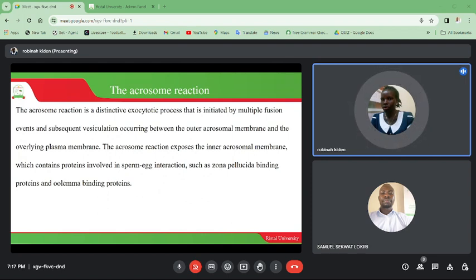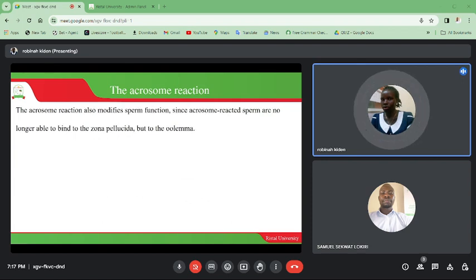The acrosome reaction exposes the inner acrosomal membrane, which contains proteins involved in the sperm-egg interaction, such as the zona pellucida binding proteins and the oolemma binding proteins. So this is what actually takes place.